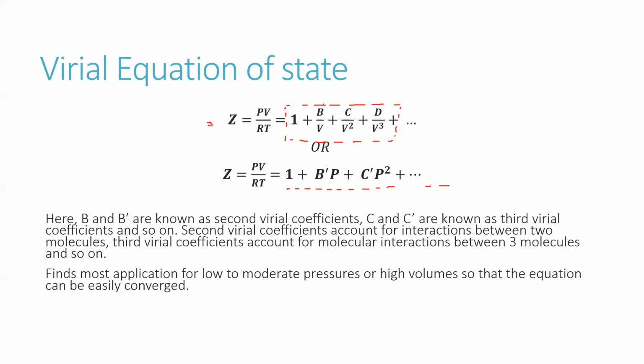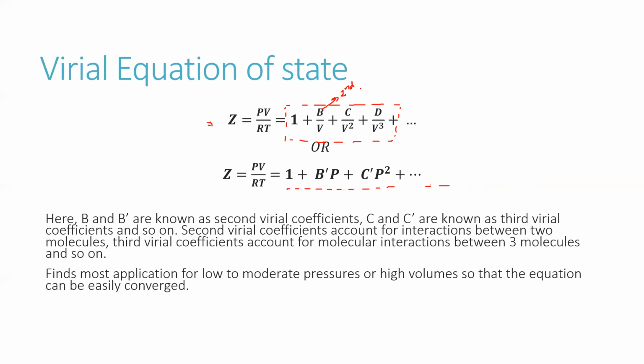B and B dash, that is the coefficients of 1 by V or P, are considered as second virial coefficients. Second virial coefficients signify molecular interactions between two molecules. So a real gas equation of state is an equation of state which takes into account molecular interactions, which are not taken into account while dealing with the ideal gas equation.